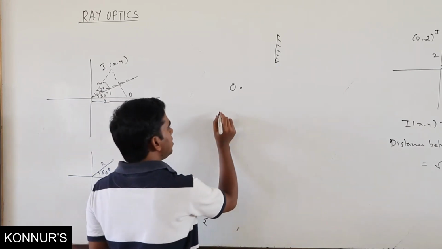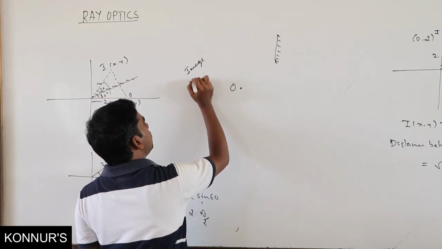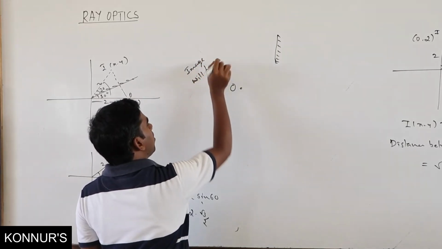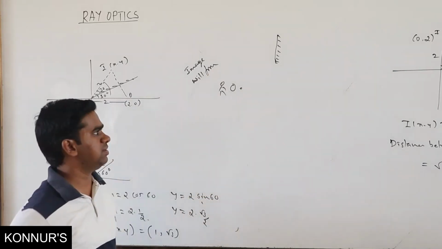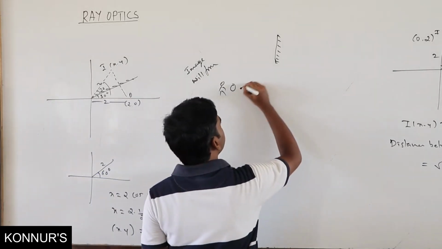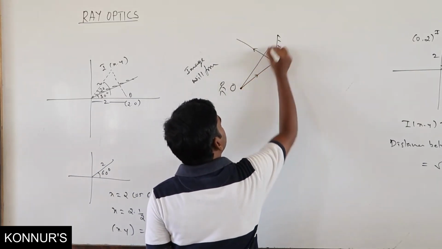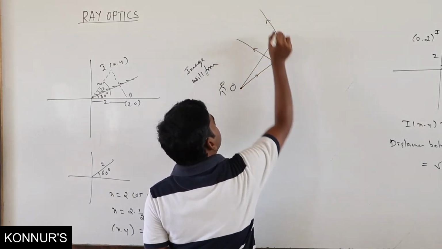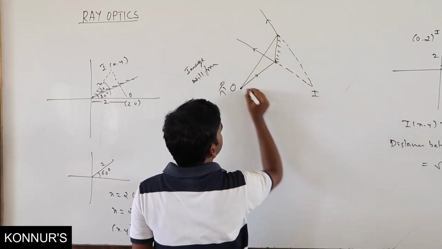One thing is, the image will always form. But a person standing here will not see his image. So where is the image going to be formed? It will reflect the other way, so the image is going to be at this point.